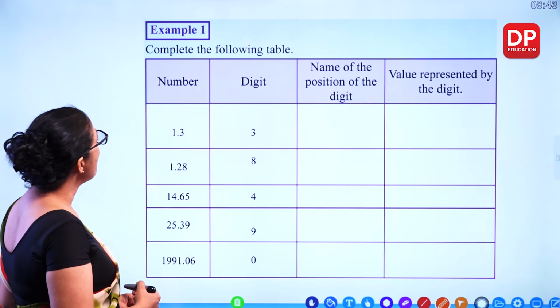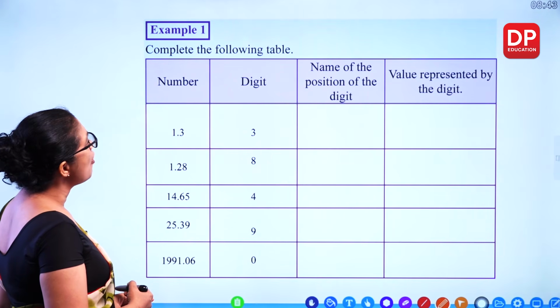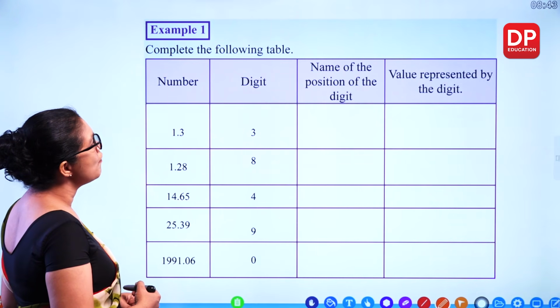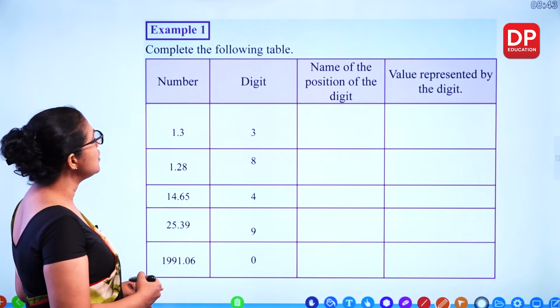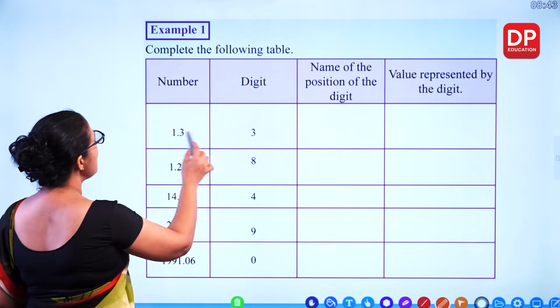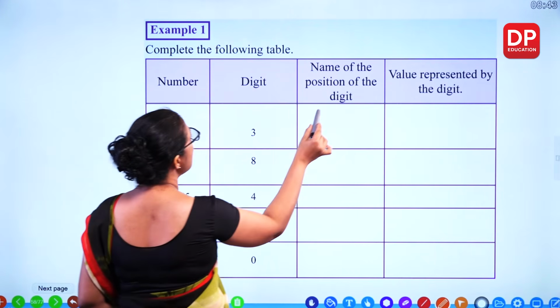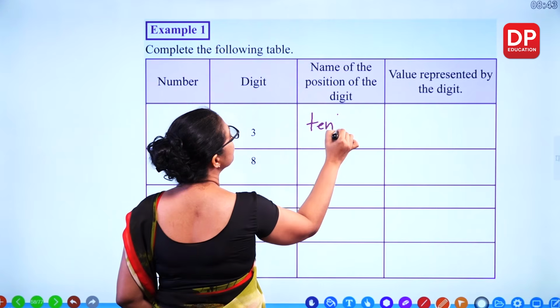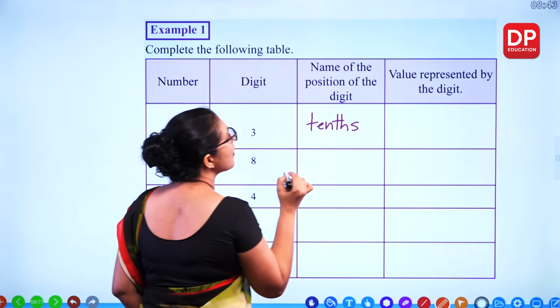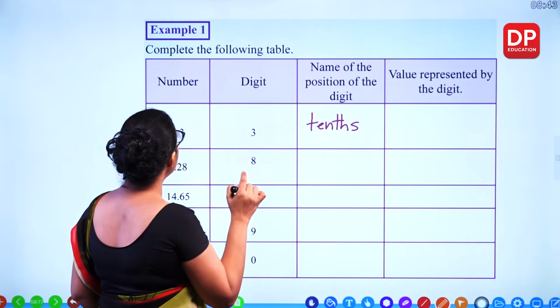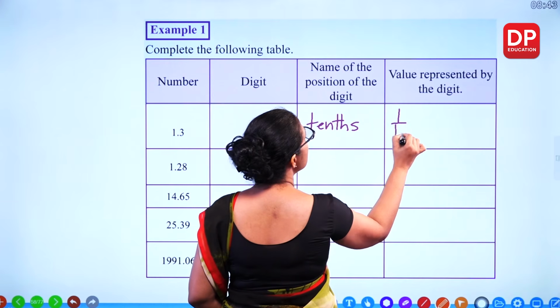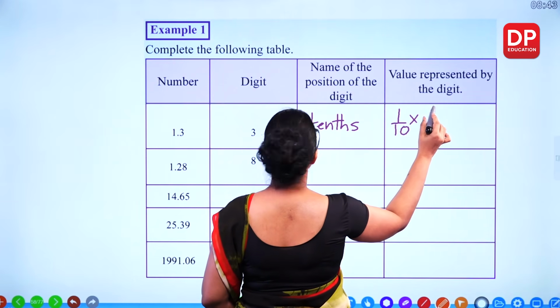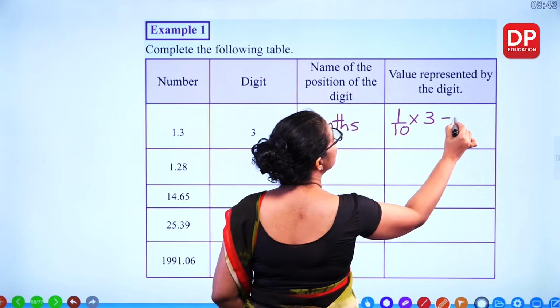You have given the number, digit, name of the position of the digit and value represented by the digit. This is 3 means that's in the tens place. Value represented by the digit, that's 1 over 10 times 3. That's 0.3.